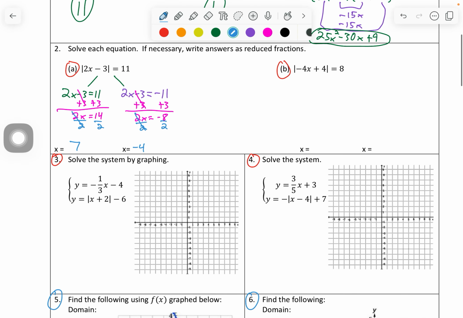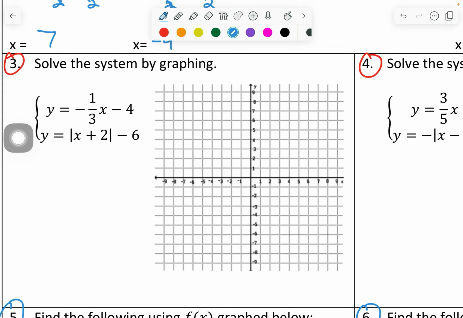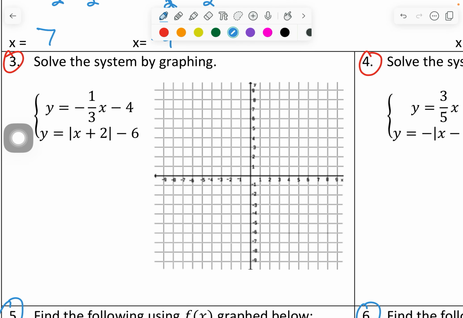3 and 4 are the systems. Put all this in the calculator, maybe one at a time. You should get a line that goes down, something like this. Use the dots.